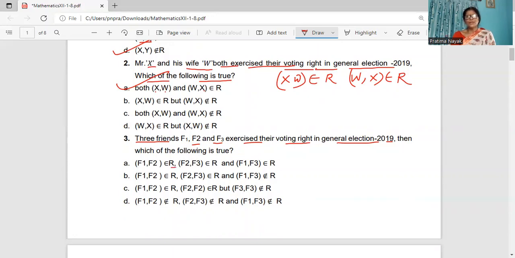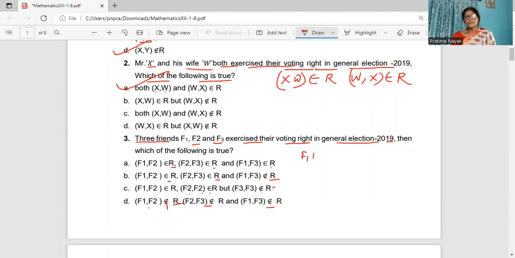First: (F1, F2) belongs to R, (F2, F3) belongs to R, (F1, F3) also belongs to R. Second: (F1, F2) belongs to R, (F2, F3) belongs to R, (F1, F3) does not belong to R. Third: (F1, F2) belongs to R, (F2, F2) belongs to R, but (F3, F3) does not belong to R. And the fourth option is that (F1, F2), (F2, F3) and (F1, F3) do not belong to R.